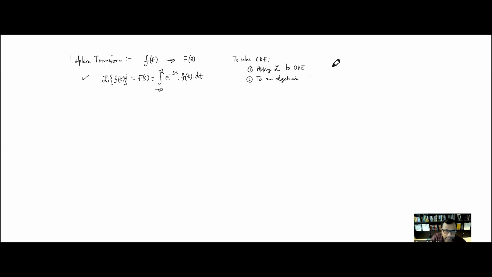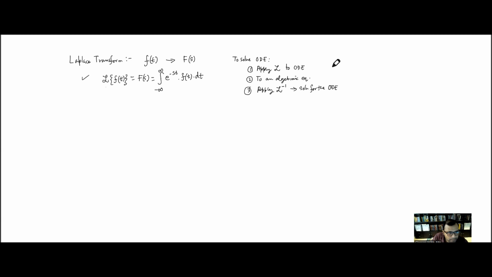So when we have an algebraic equation, we can solve that algebraic equation, and then we apply an inverse Laplace transform to that algebraic equation to get a solution for the ordinary differential equation. So this is what we want to do. Okay. But let's talk about this in a little bit more detail now.